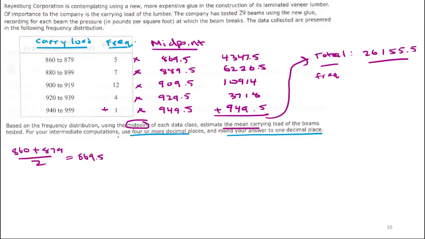So we need to add these guys together. Well, they told us it's 29, but if they didn't tell us, we would add these together and we would get 29. Okay. So we divide these together. And so we get about, because it wants us to round to 1 decimal place, right? So that's going to give us 901.9 as our answer.